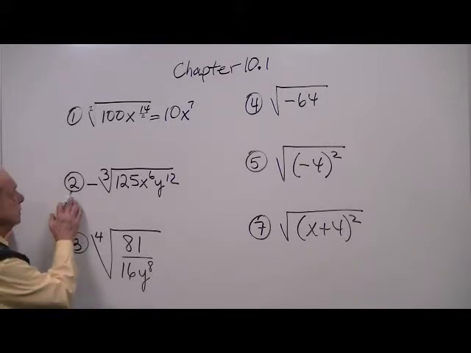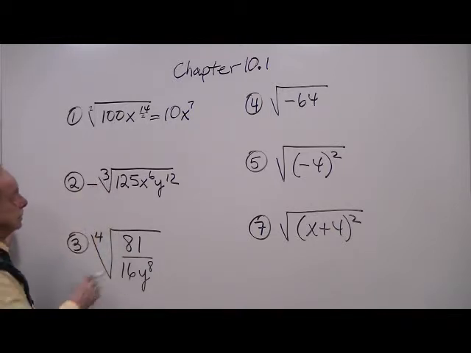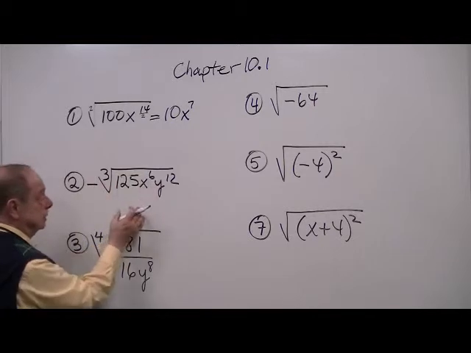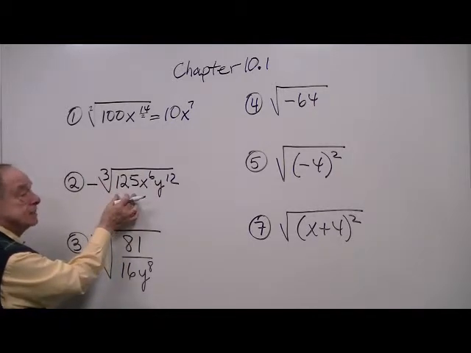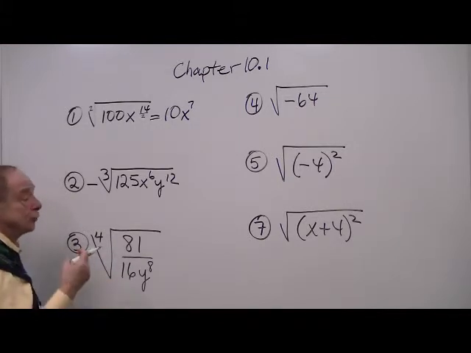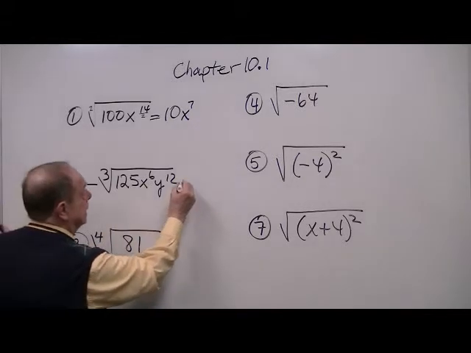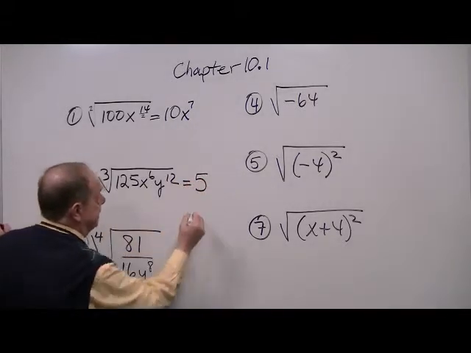Now, when we get to example 2, the index number is 3. So this is the cube root. What number times itself, the exact same number, 3 times, gives you 125? And that is 5.